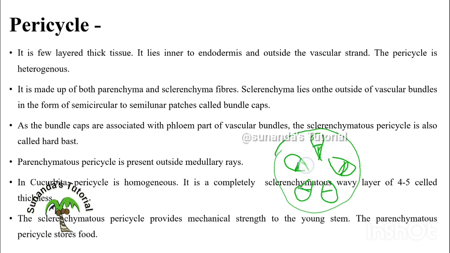Inner to the cambium, xylem is present, and outside of the cambium is phloem. And these bundle caps which are associated with this phloem are called hard bast, and it is sclerenchymatous in nature.